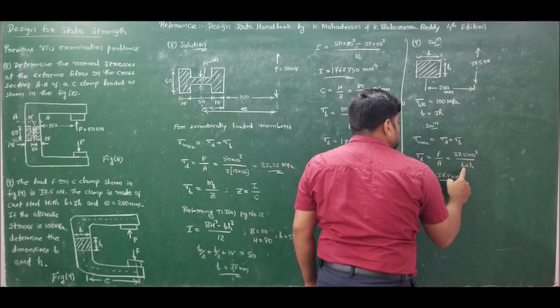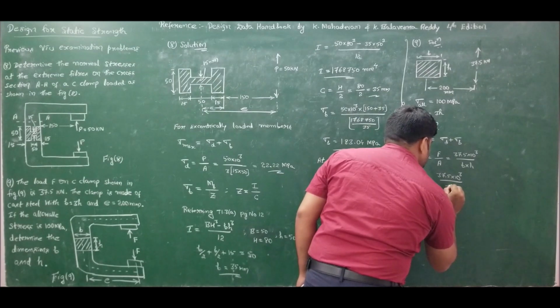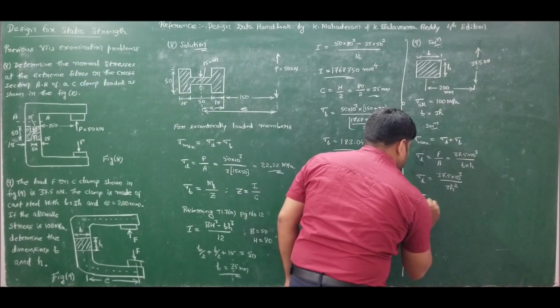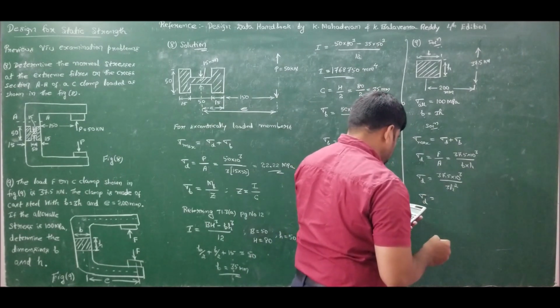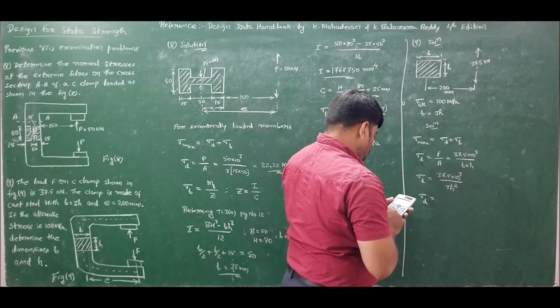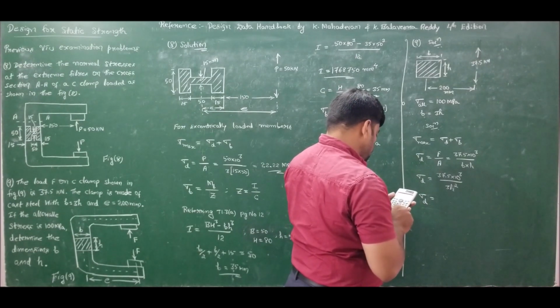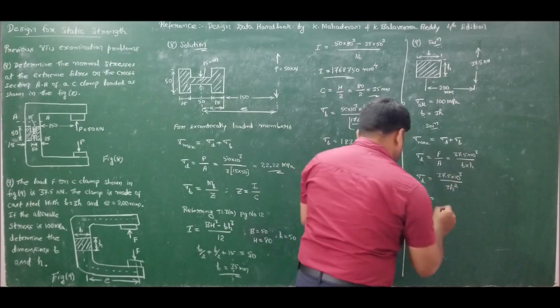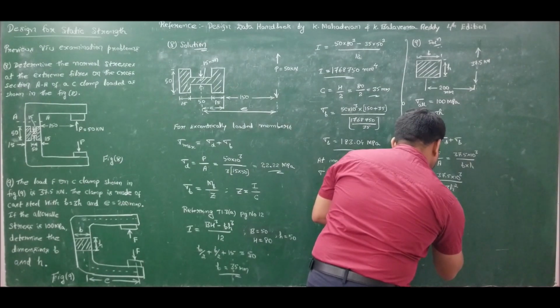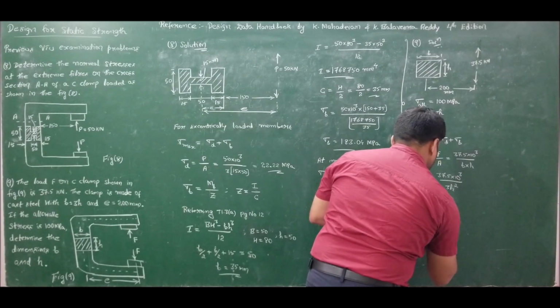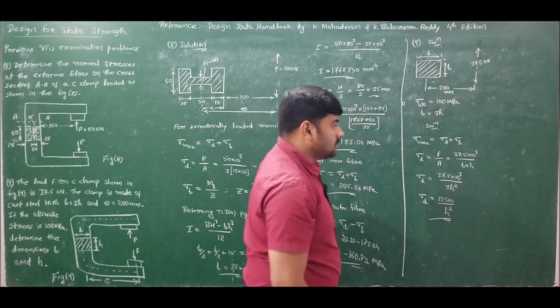If I substitute B is equal to 3H, it will become 3H square. Further simplification yields 37.5 into 10 to the power of 3 divided by 3, which is equal to 12,500 by H square. Keep it as it is.